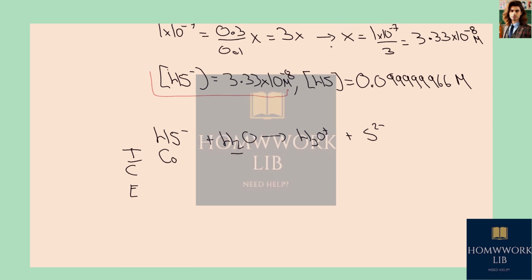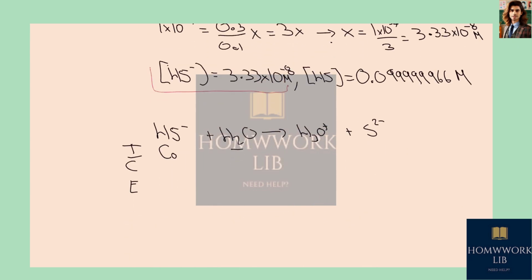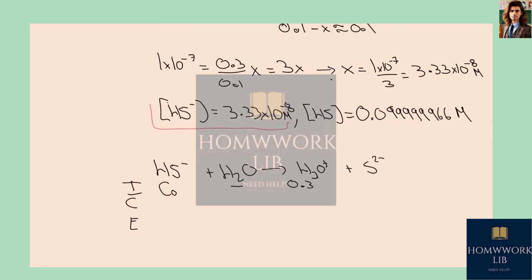And for H3O plus, we're going to have 0.3 plus X, right? So this is essentially 0.3, a bunch of zeros, and another 33, so 1, 2, 3, 4, 5, 6 zeros, 33, if you want to be super thorough about it.